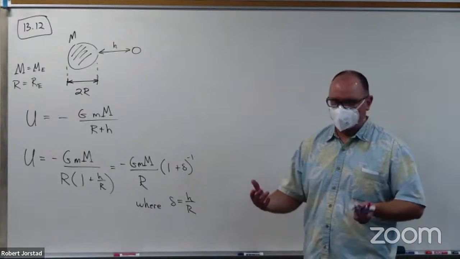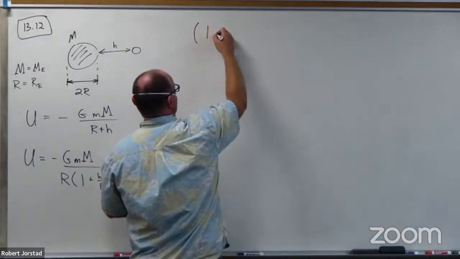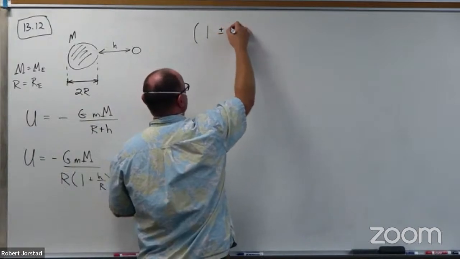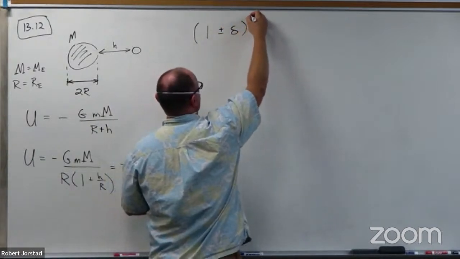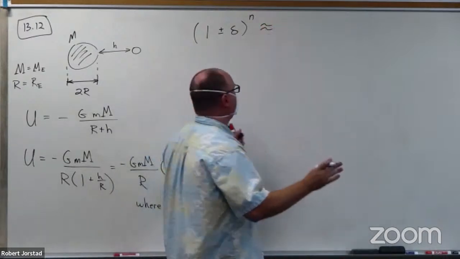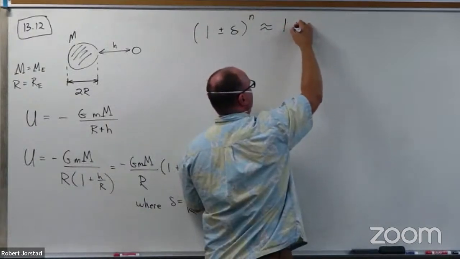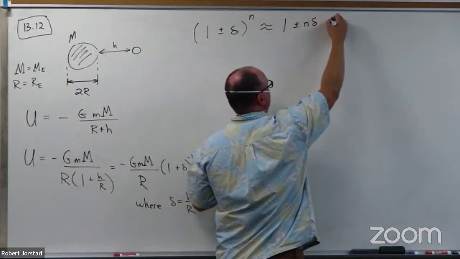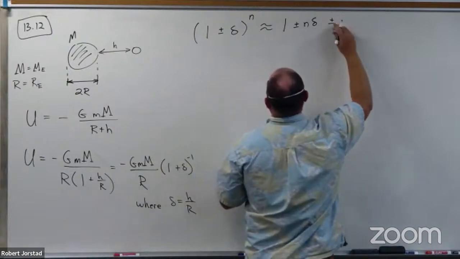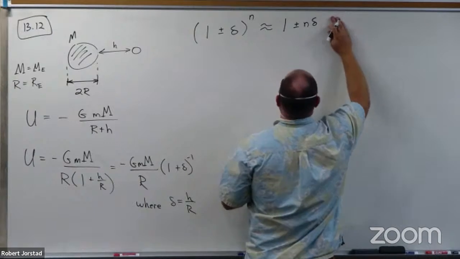Now, maybe you know the binomial expansion. Maybe you don't. But 1 plus or minus delta to some power n is approximately equal to, if you do the binomial expansion or Taylor series expansion, 1. And then I guess the next one would be, let's see, does it have to be plus?